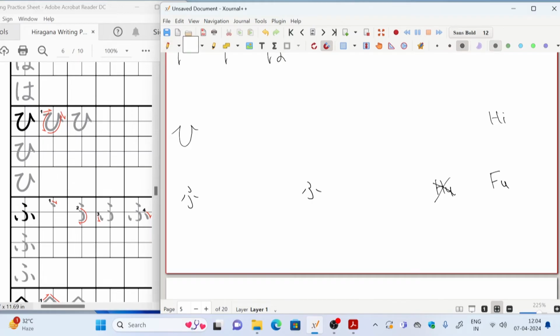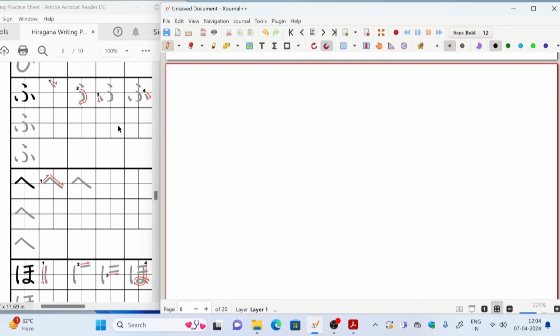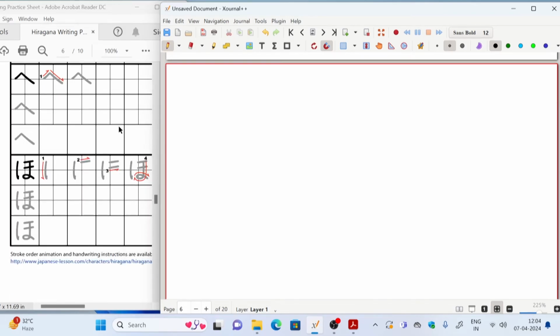So let's write it again. 1, 2, 3, 4. So this is how we write fu. Next is he.